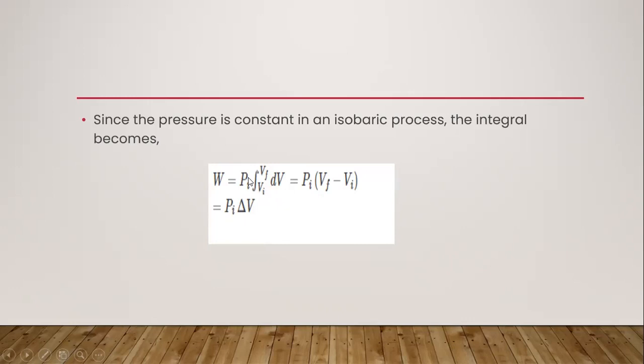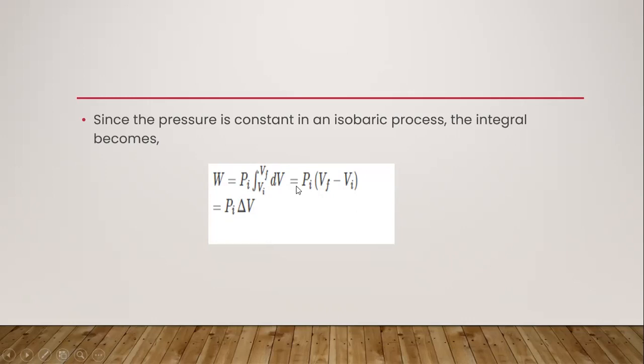The remaining equation will be written as Pi into integral from Vi to Vf of dV. We want to integrate only the change in volume dV subject to V1 and V2, that is the initial volume and the final volume.